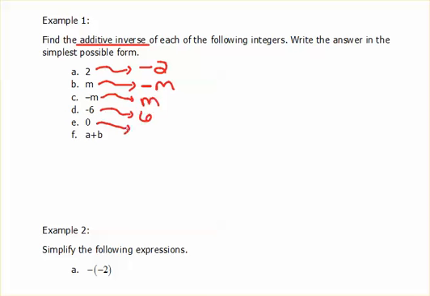Now we also have 0 here. And 0 being right smack dab in the middle of the number line, it doesn't really have an opposite because, well, 0 is not positive and it's not negative. It's like Switzerland, it's neutral. So the opposite of 0 is just 0. We don't ever talk about 0 being positive or negative.